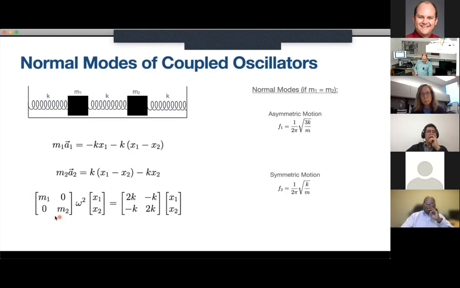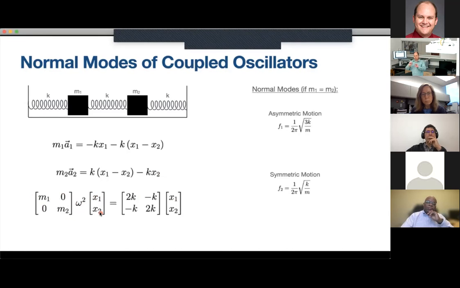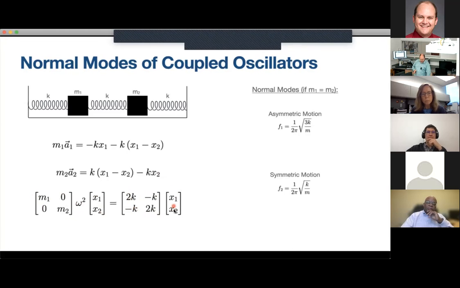You get a matrix that has the masses along the diagonal, the frequency squared times the position, because we assumed a sinusoidal solution. You get this matrix, often called the K matrix, which has all the spring constants in it, again times the position vector.